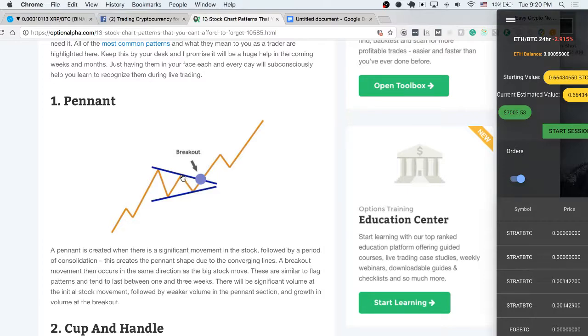1, 2, 3. So it's the middle one you're talking about, right? There's three on the top blue line, so it's the first one you want me to start with, the leftmost. Yeah, okay.